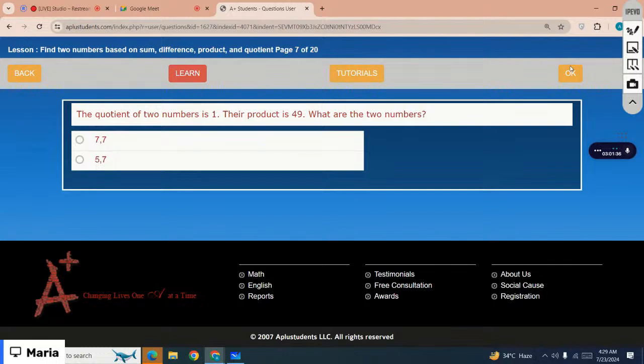That is option number 1. We are on the chapter logical reasoning. The lesson is find two numbers based on sum, difference, product, and quotient. That is 7 times 7. Option number 1 is the correct option.